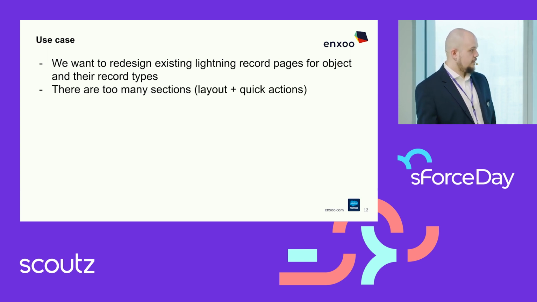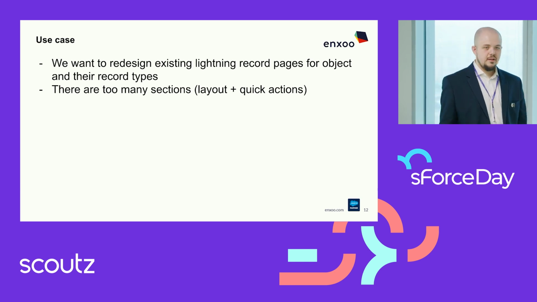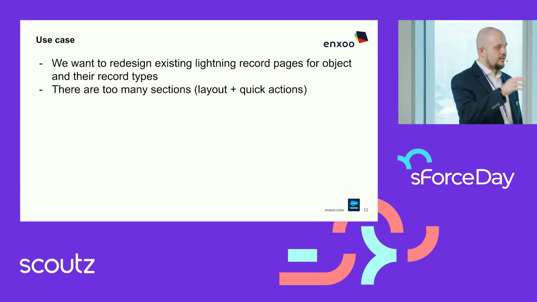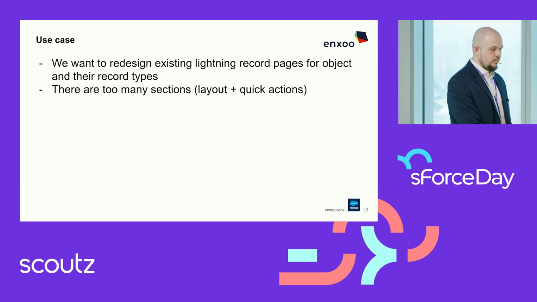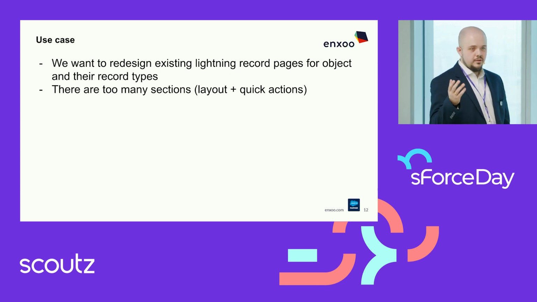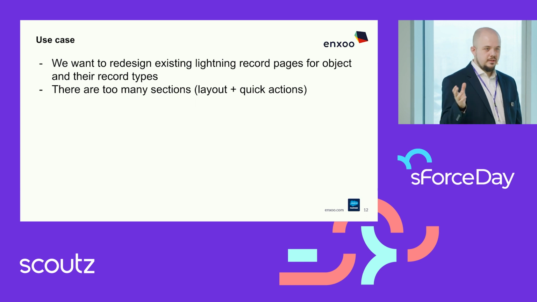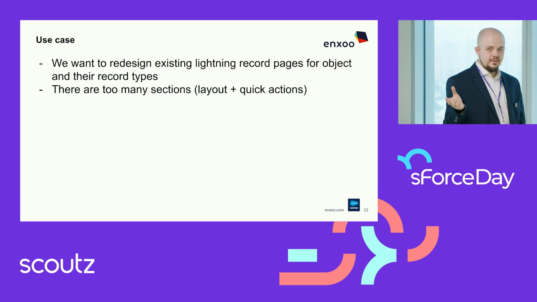And next, on the layouts there are too many sections, because on the top we have the layout, later we have quick actions, and under these quick actions, other quick actions, and different tabs, different quick actions. And then the user doesn't know where to go to put what and when and how. And of course, in the configuration of the layout, there were quick actions which should be displayed for specific users in some configuration, for some countries.